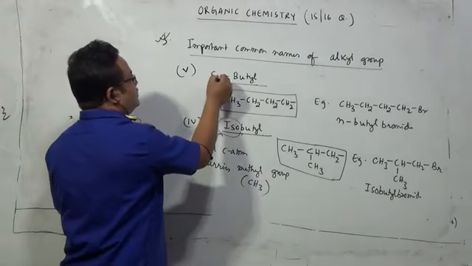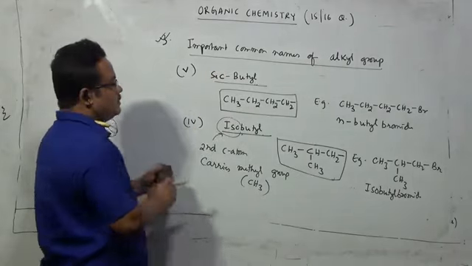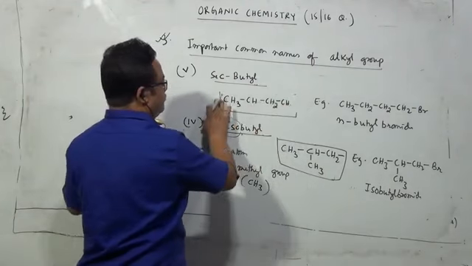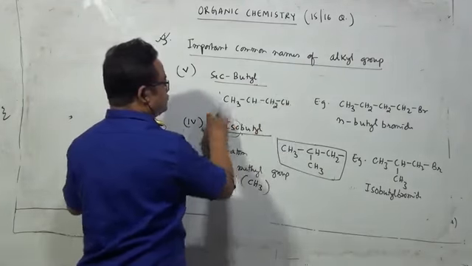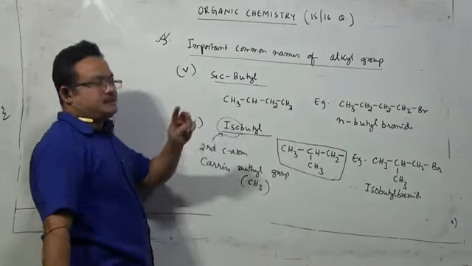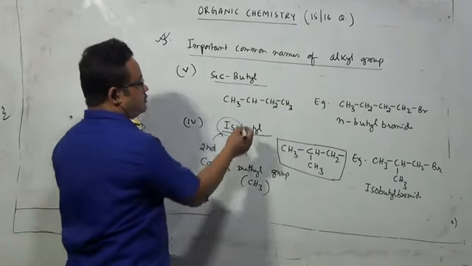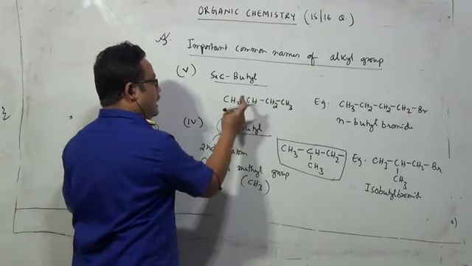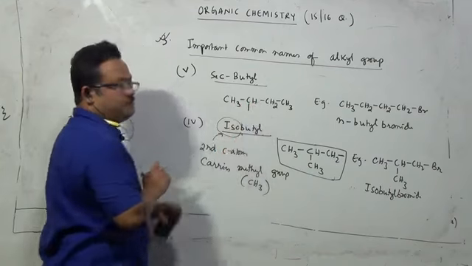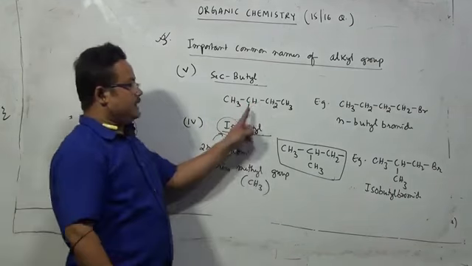Next you write secondary butyl. If you say secondary butyl, the attachment should be given to the secondary carbon. So we have two secondary carbons, either this one or this one. The attachment is at the secondary carbon.